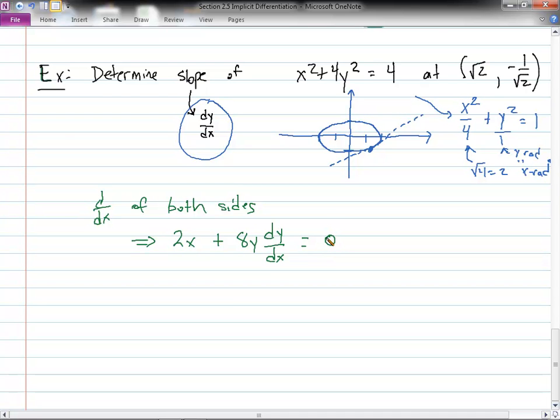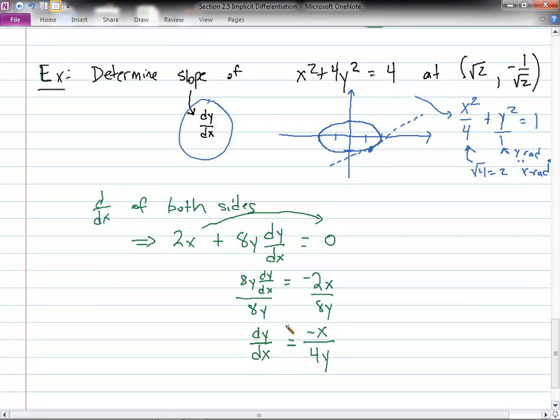Is that okay? Does that make sense? So move this 2x to the other side. I'm going to have 8y dy/dx equals negative 2x. Divide both sides by 8y. And so dy/dx is equal to, if you reduce this, negative x over 4y.